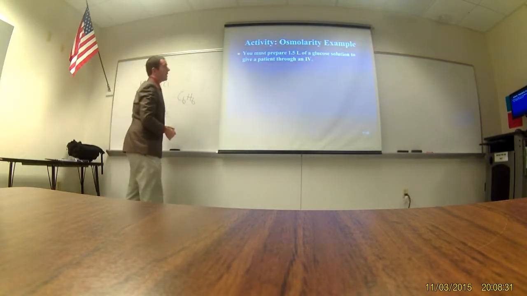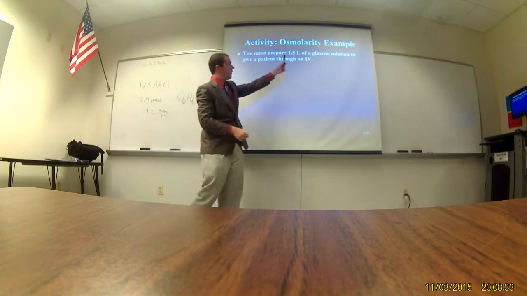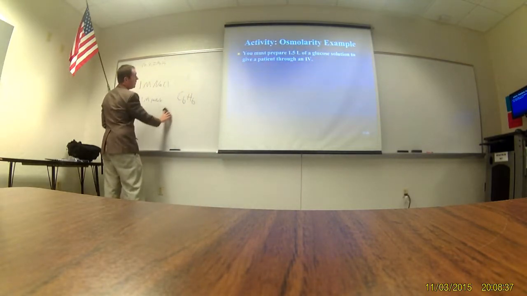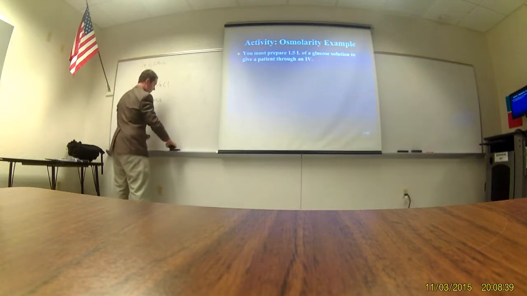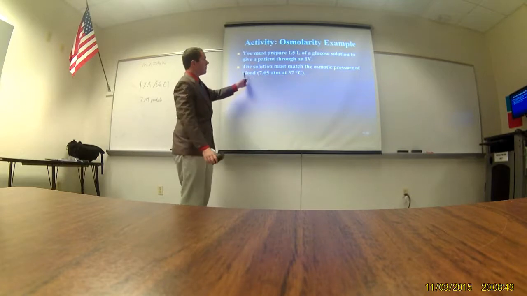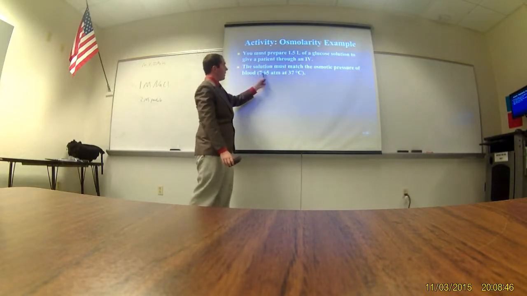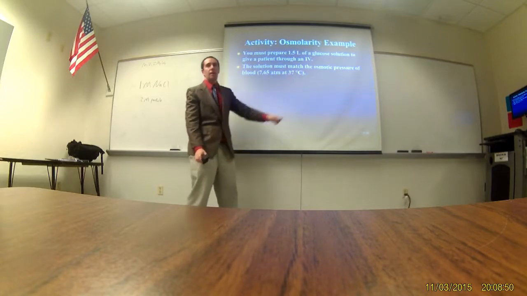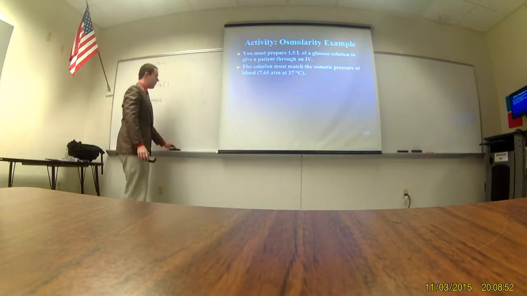So we have to make 1.5 liters of a glucose solution that we're going to give IV to a patient. It says the osmotic pressure of blood is 7.65 atmospheres at body temperature, which is 37 degrees.